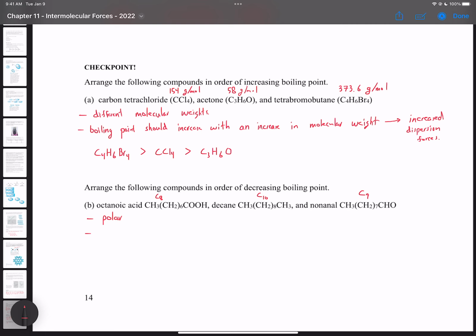It has hydrogen bonding. So this one is the only one capable of having hydrogen bonding. So that one should be the highest, I would think. And then the next one is dipole, induced dipole. And then dispersion forces.